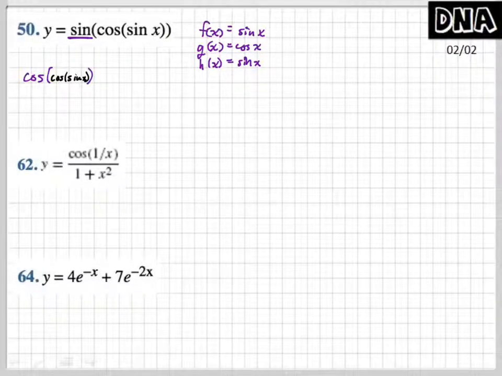Okay, so the next one is cosine. So now we have to take the derivative of that, and we're going to multiply that to the derivative of that most outside function. So now to take the derivative of the cosine function, that would be negative sine, and then inside of negative sine, we're going to have whatever's inside of the cosine. So it's going to be sine x.